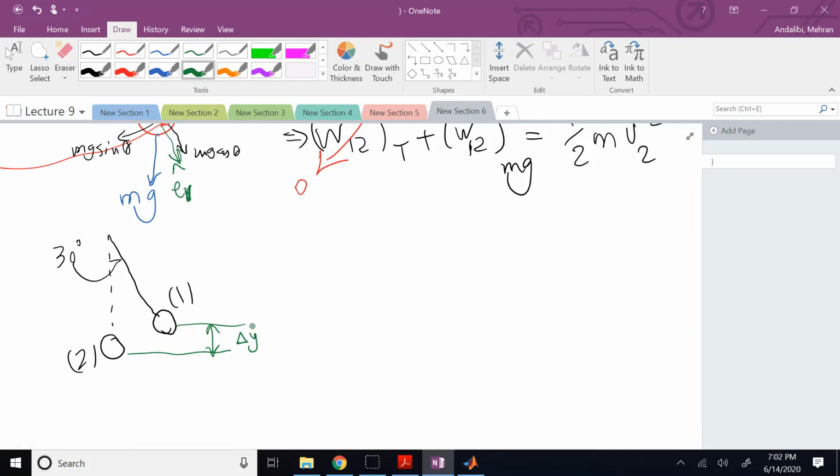Can I find it? Yes. If this length is 1 unit, so if I project this point directly onto the vertical direction, could you tell me how much this distance is, from here to here, if this angle is 30 degrees?